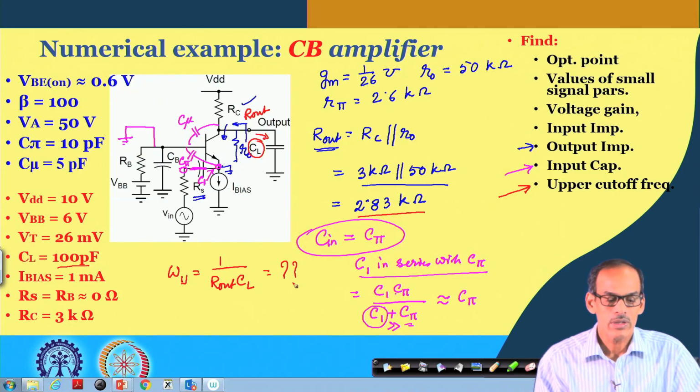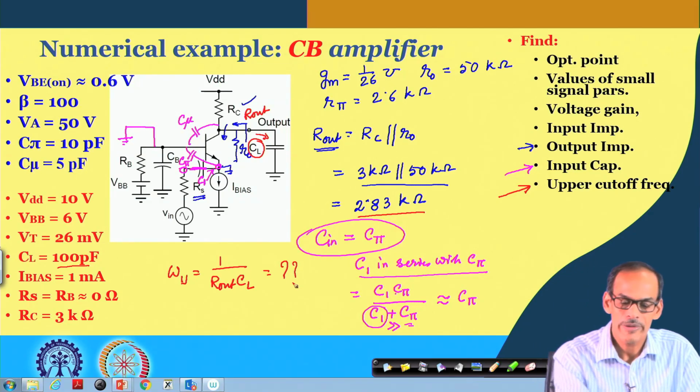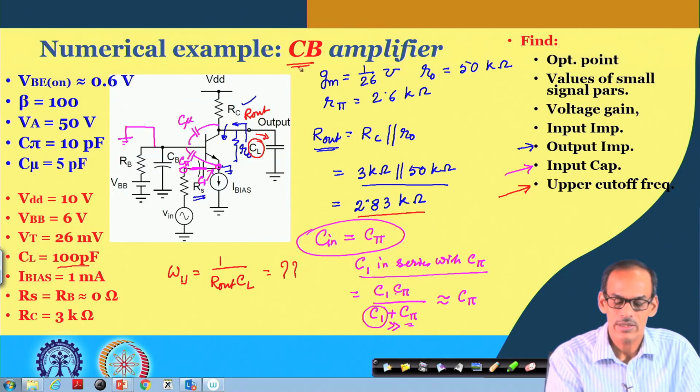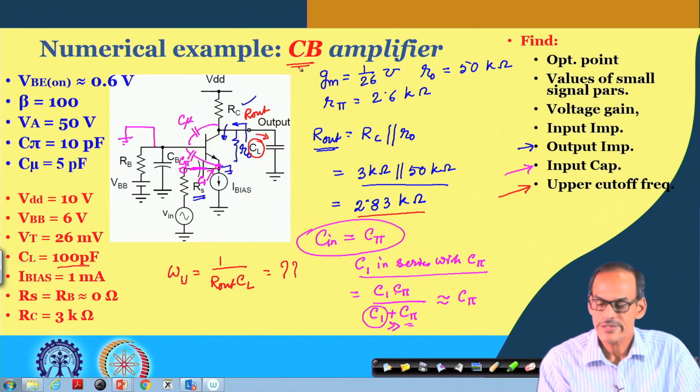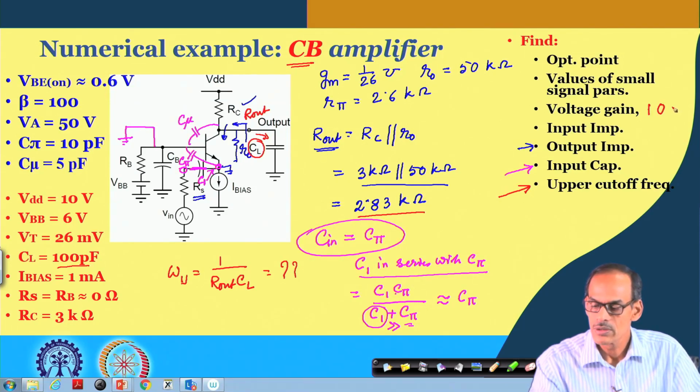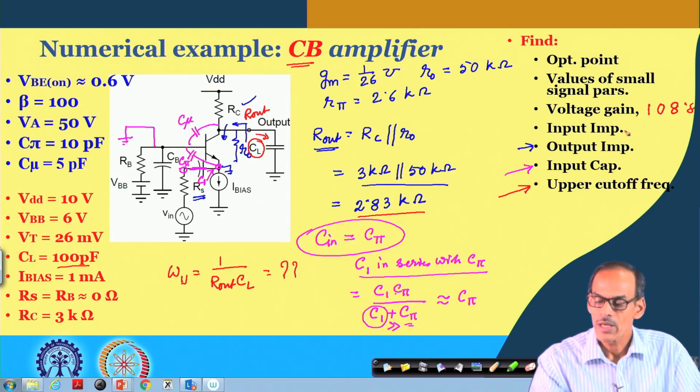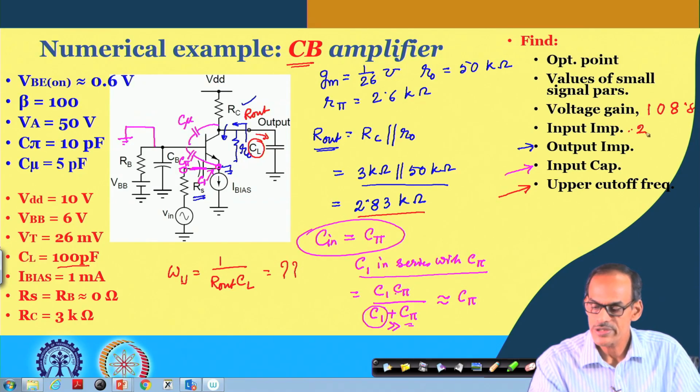That is how, whenever we have the common base amplifier circuit, we can analyze it. As I said, at the end of this analysis what we obtained is that the voltage gain was very good, 108.8. Input impedance is low, 26 ohms.